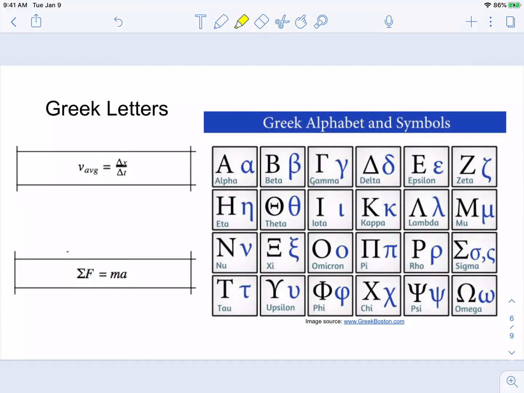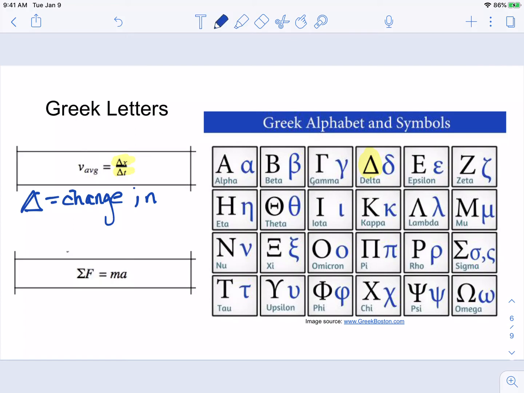The first letter I want to talk about is the Greek capital letter delta. This is used so much in physics class. Delta means change in when we use it. What does that mean? That means take the final thing minus the initial. If I look at this equation here, I have a delta x in the numerator and a delta t in the denominator.